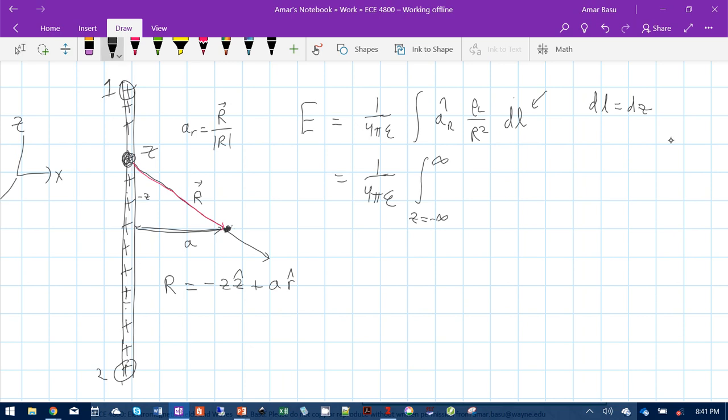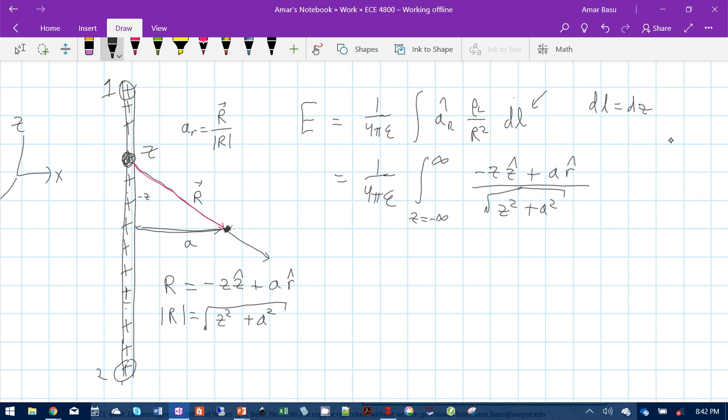All right, what's the magnitude of R? Right, square root of Z squared plus A squared. Great, perfect. Okay, so this AR hat is equal to R divided by the magnitude of R. So we can put negative Z times Z hat plus A times R hat, all divided by the square root of Z squared plus A squared.